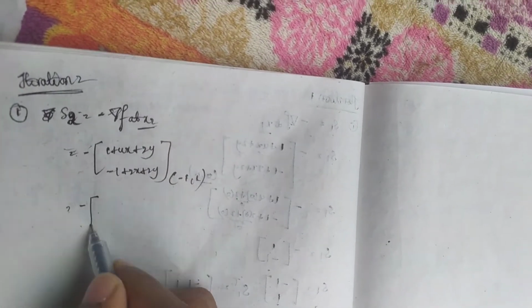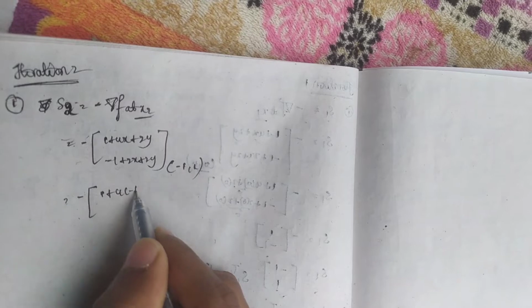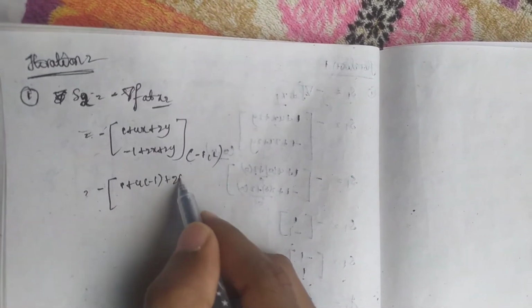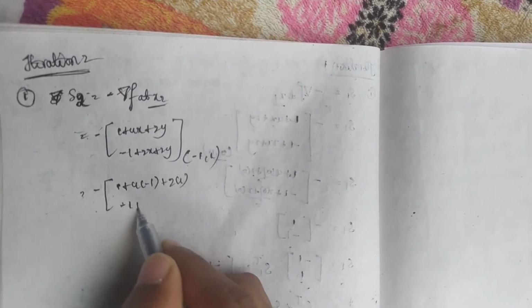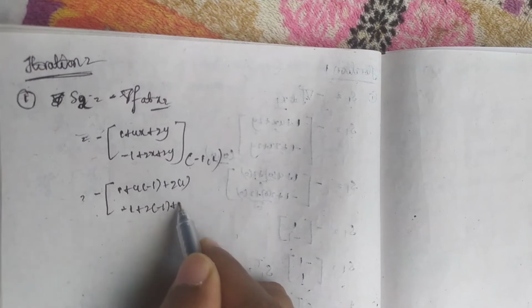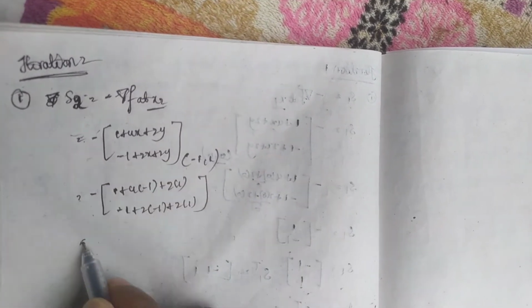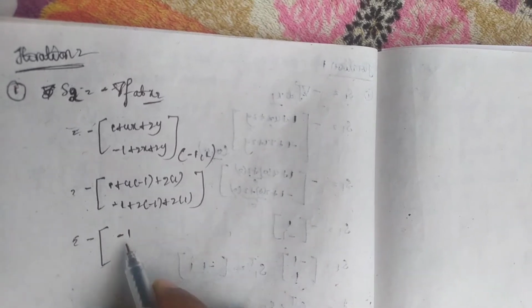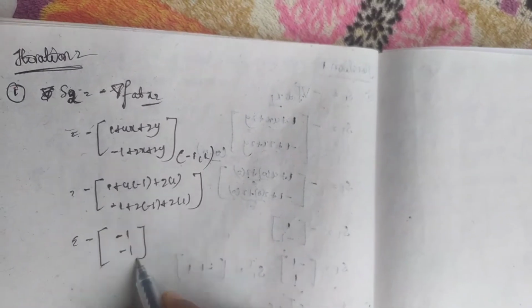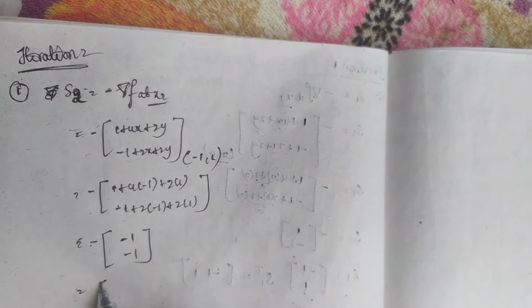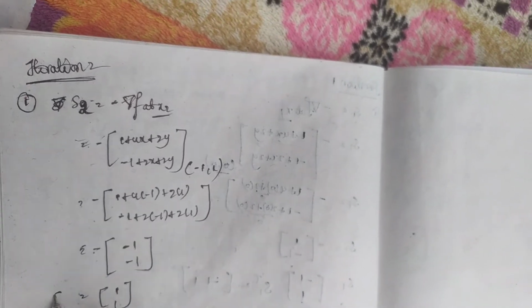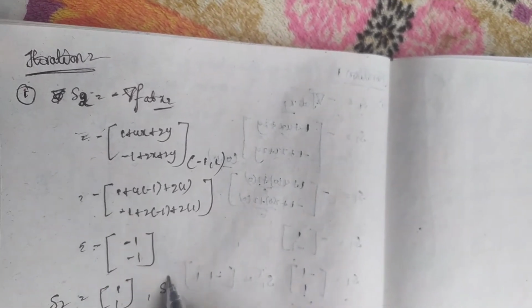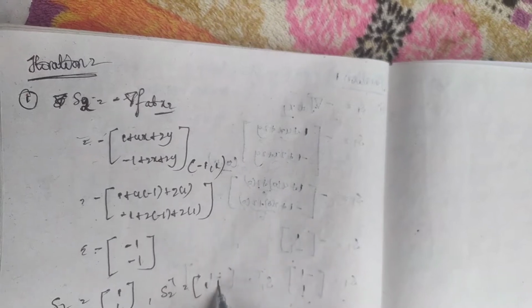So minus of 1 plus 4 of minus 1 plus 2 of 1, minus 1 plus 2 of minus 1 plus 2 of 1. We get minus 1, minus 1. By multiplying with minus, we get 1, 1. This is S2.